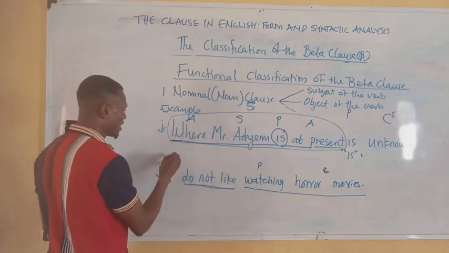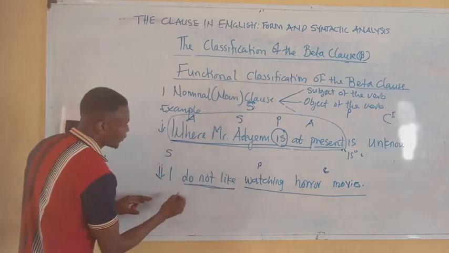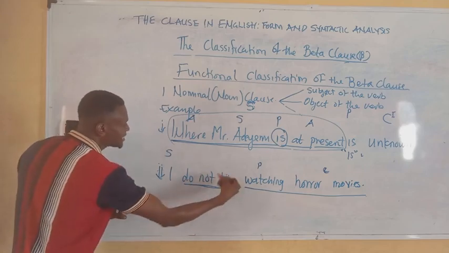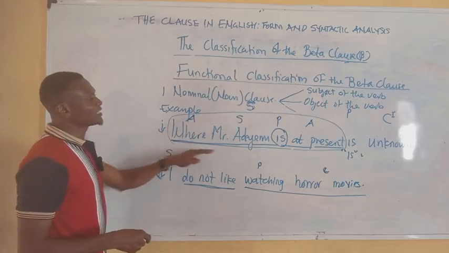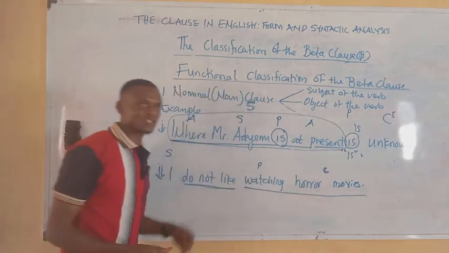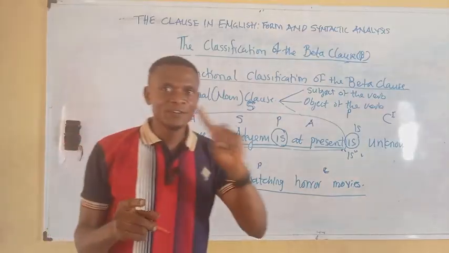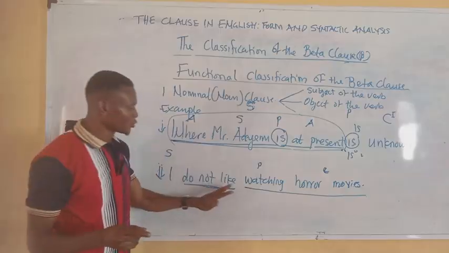Why is the first one subject? Are you getting me? So the function will be object of the verbal phrase. The first one says subject of the verb because we only have a single verb there, "is". While here we have up to two verbs.